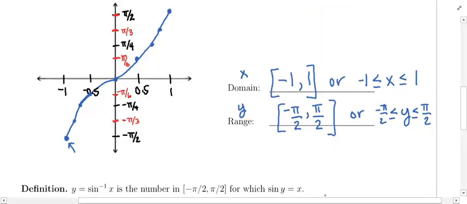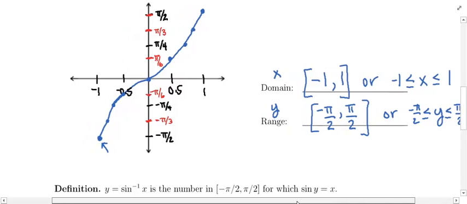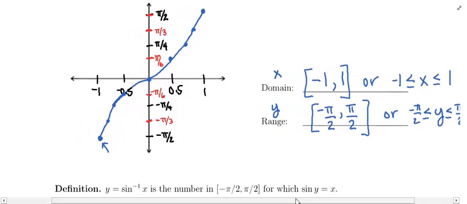All right, you should know this graph. You should know all 6 inverse trigonometric functions, their graphs, and their domains and ranges. We will talk about those in a minute.